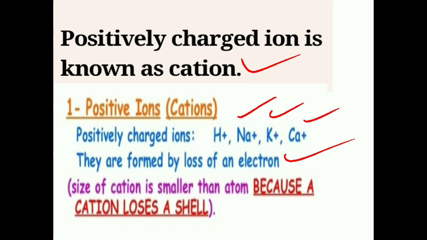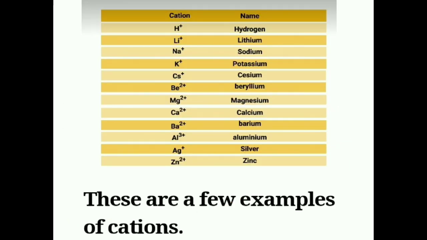But the size of a cation is smaller than the atom because a cation loses a shell or an electron. There are a few examples of cations. We have the lithium ion, potassium ion, calcium ion, aluminum ion, and so on.